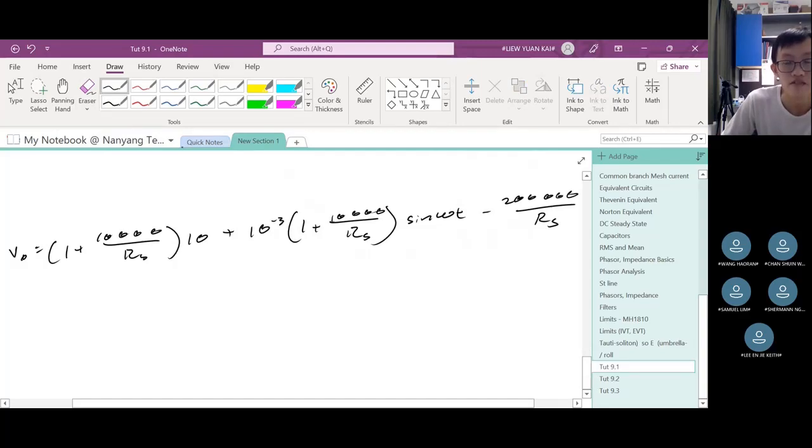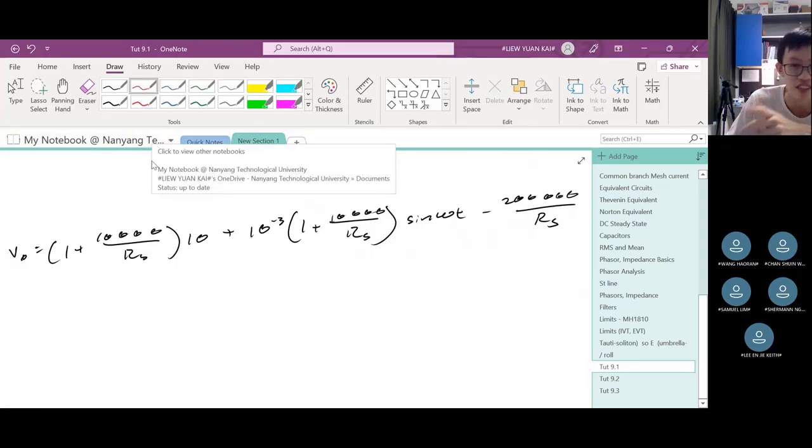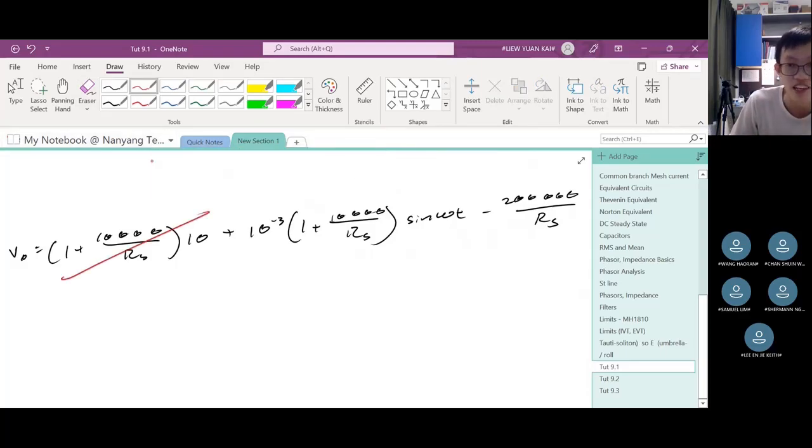Remember that this value of RS will satisfy the condition that there will be no more DC voltage, right? So after you sub in the RS, what you expect is that all the constant terms will disappear because no DC voltage. So this will go away, and this will go away. You don't believe me? Let us just sub it in.